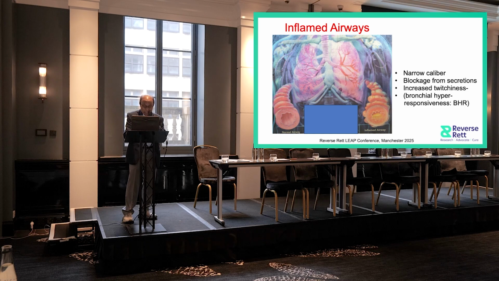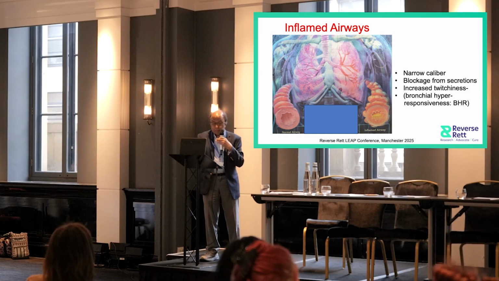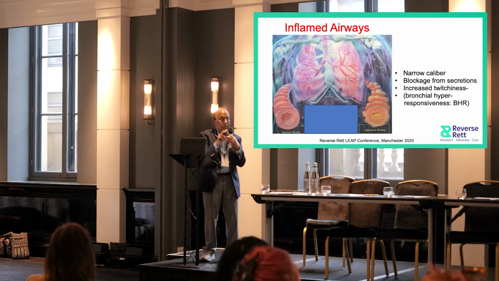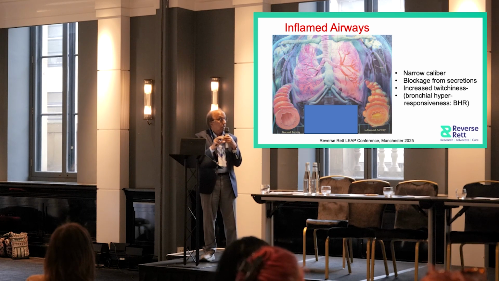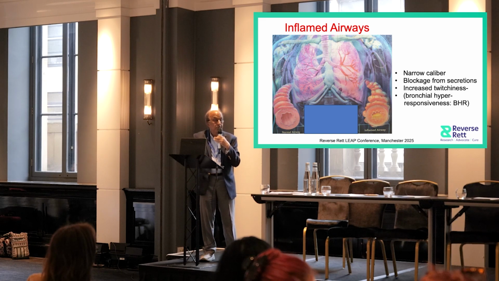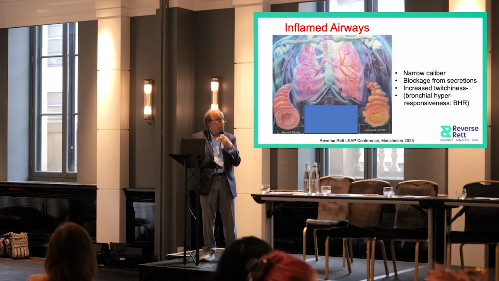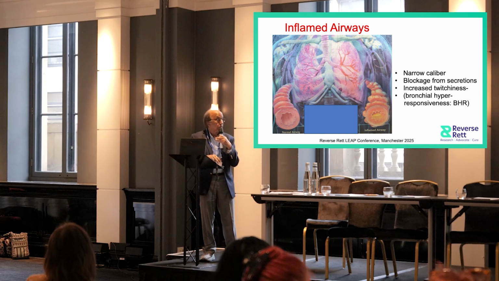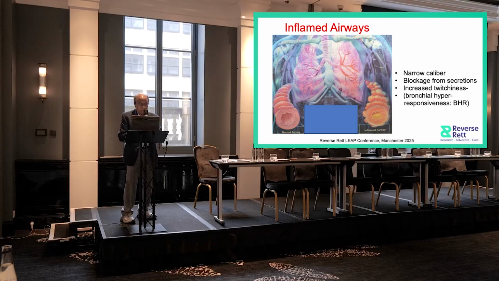On the left side, you have the thick wall because of the inflammation, and you can see the redness there. The caliber of that inflamed tube is much smaller compared to the right side, which is a normal bronchial tube. And what is happening? This is going to contribute to elevated airway resistance, resistance to the flow of air through this.